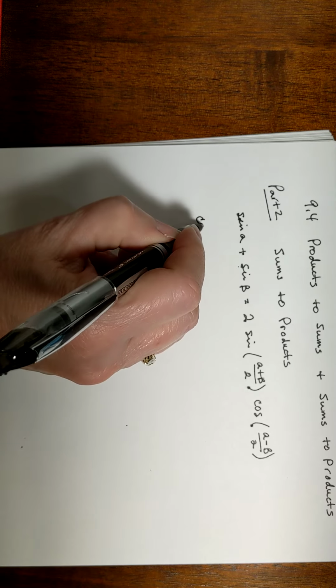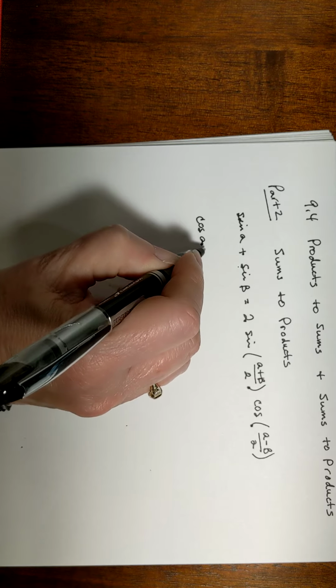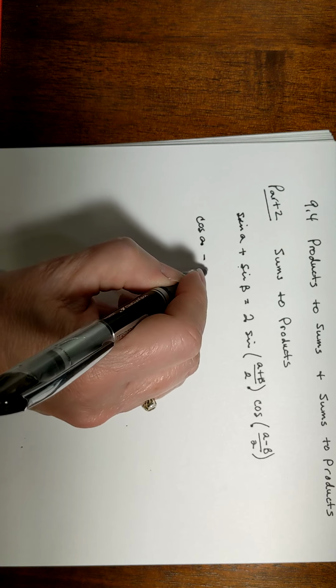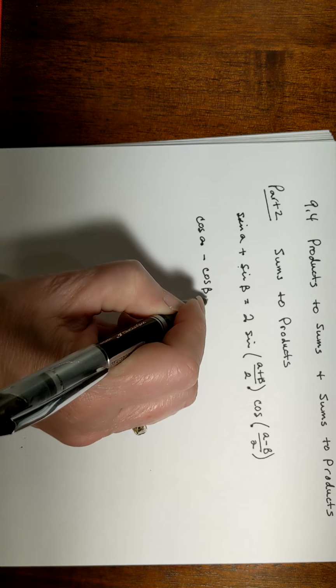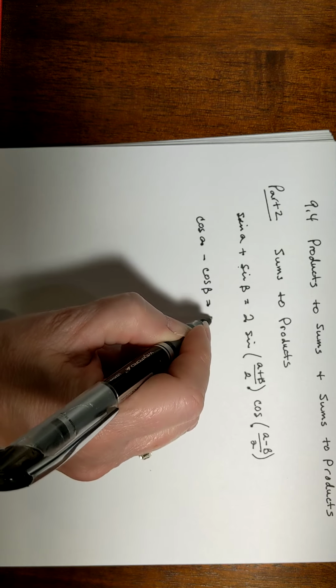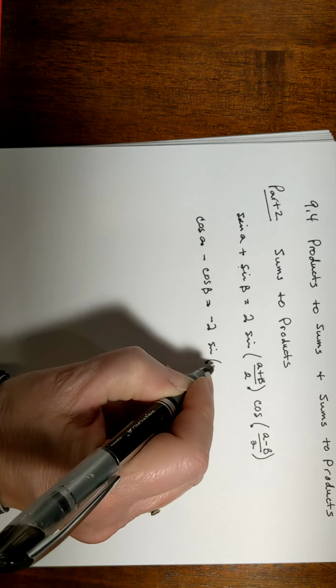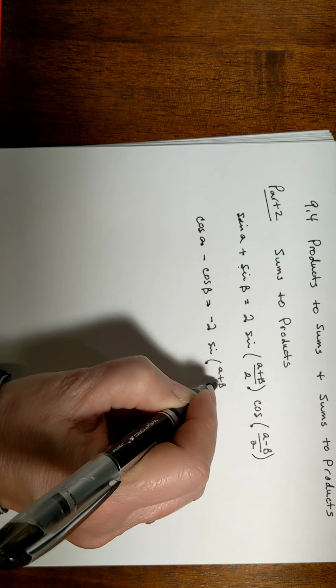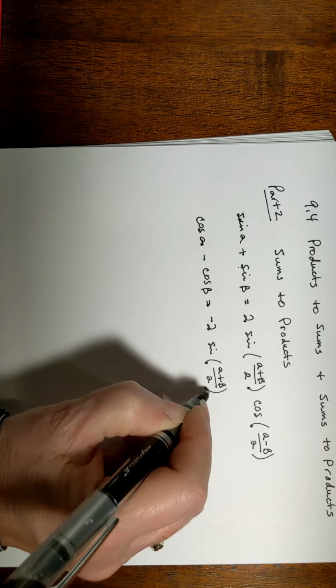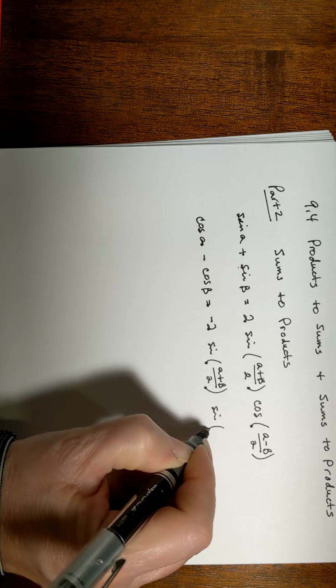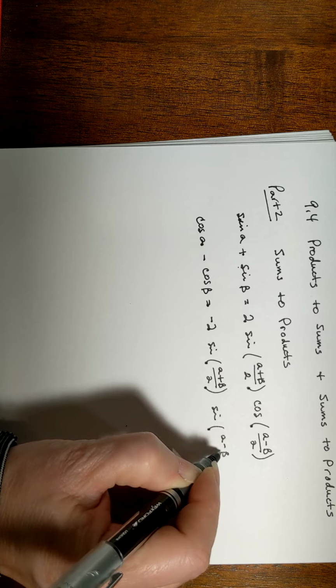The cosine of A minus the cosine of B is equal to negative 2 times the sine of (A plus B) over 2 times the sine of (A minus B) over 2.